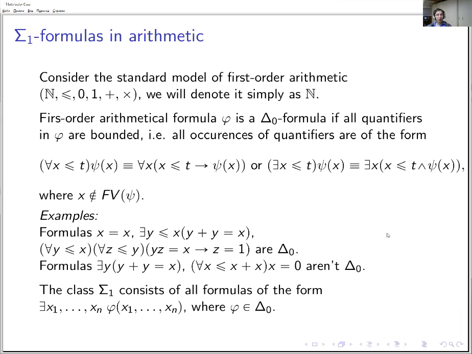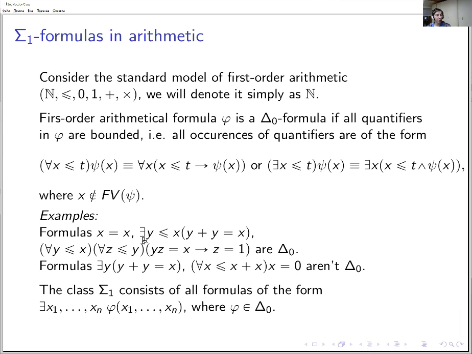Here's a typo. This should not be psi, but rather it should be t. Of course we don't want bounding terms that also depend on the variable being bounded.